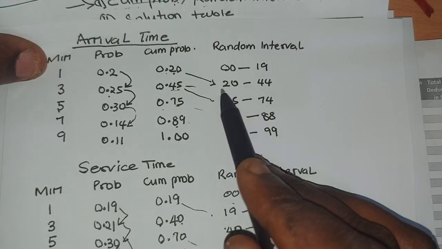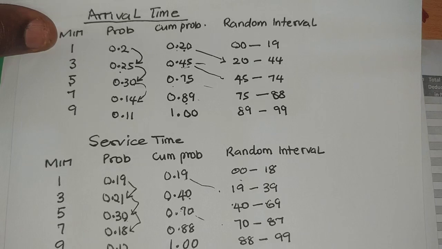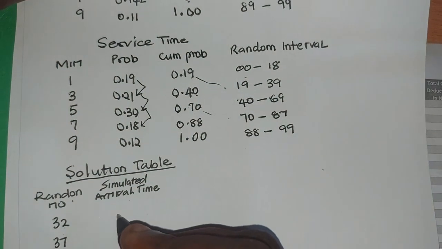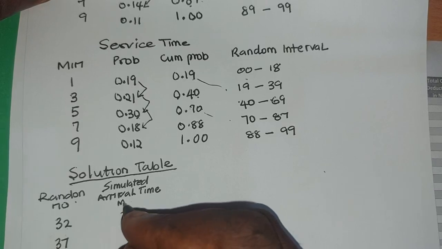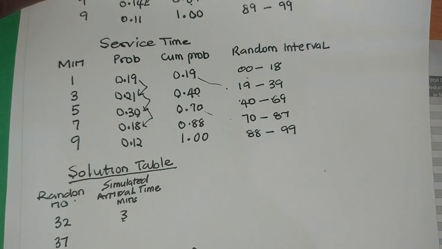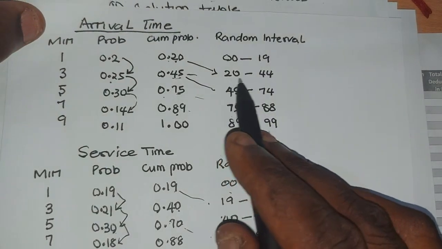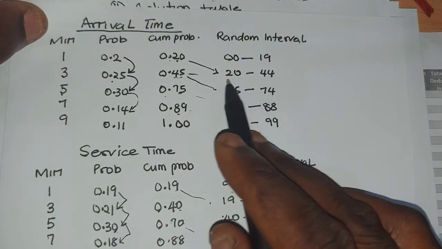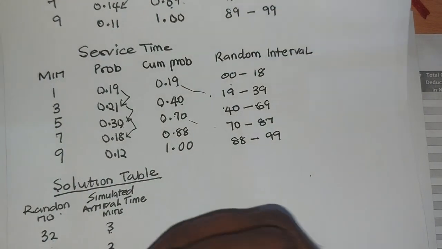So 32 falls within this interval. It means the first person arrived 3 minutes after 11. That's 3 minutes, so this is in minutes. Then 37 falls still within this, and the corresponding minute is 3.